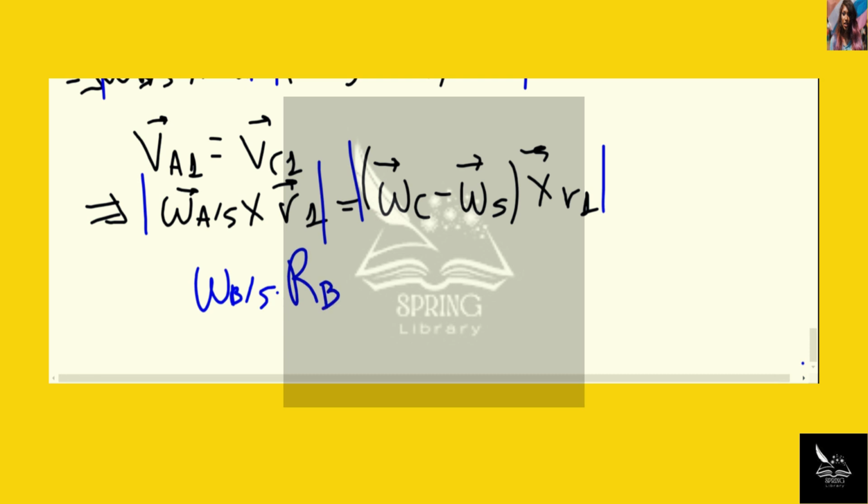This capital R B is the radius of gear B. The angular velocity of gear D and the angular velocity of the shaft are in the same direction, so we don't need any vectors now.